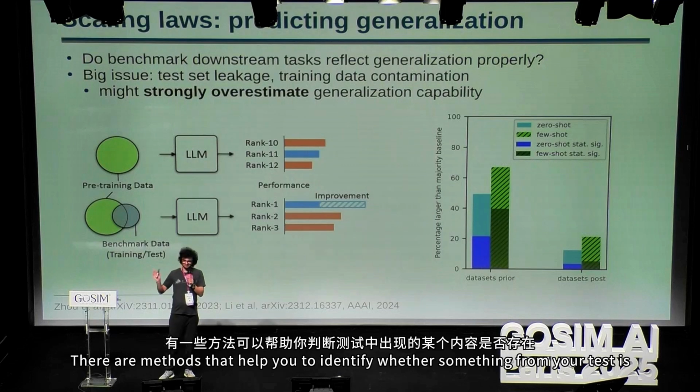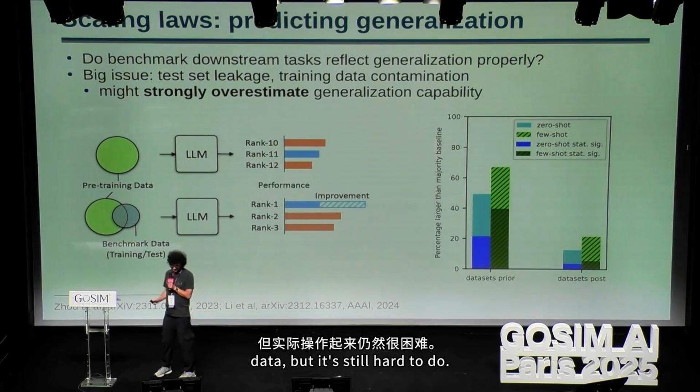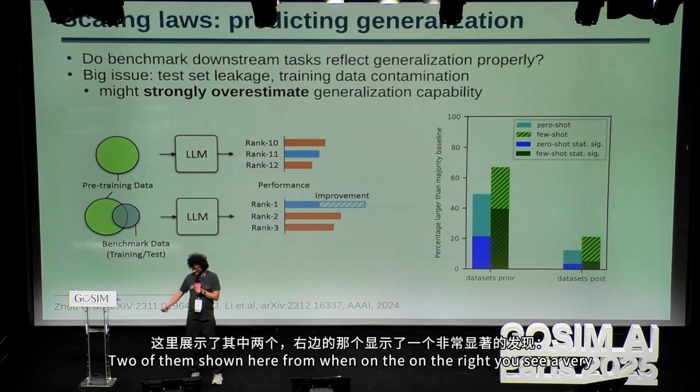There are methods that help you identify whether something from your test is in the pre-training where you don't have access to the training data, but it's still hard to do. And there are a number of studies, two of them shown here.